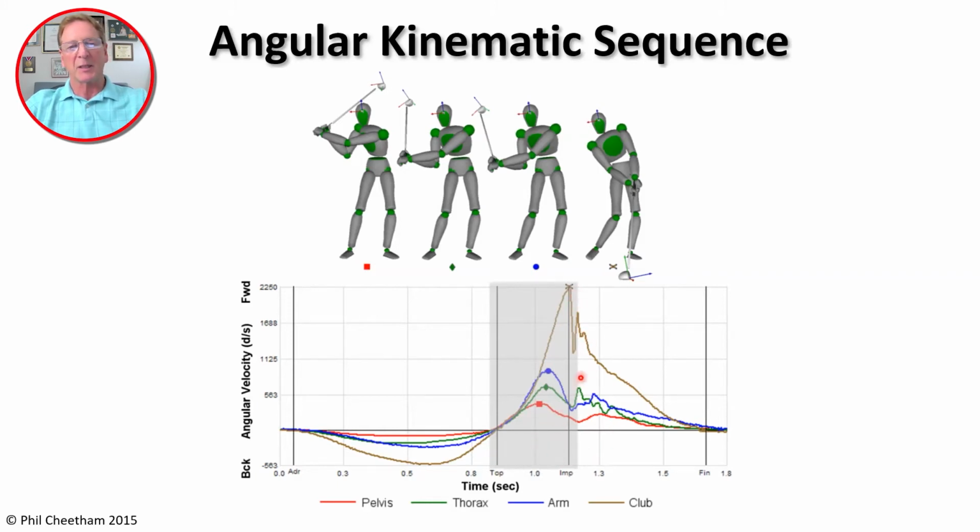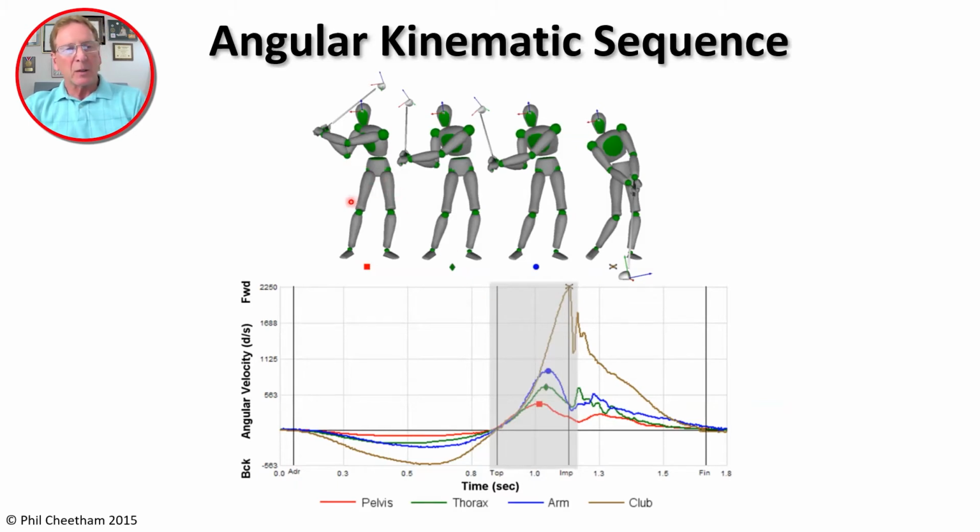So each segment is building upon each other and transferring energy from one segment to the next using the muscles in between across the joint. So the muscles are actually helping increase that speed from segment to segment. And the increase in speed is really helped along by the fact that the segments are getting smaller and, if you like, easier to move and easier to speed up.